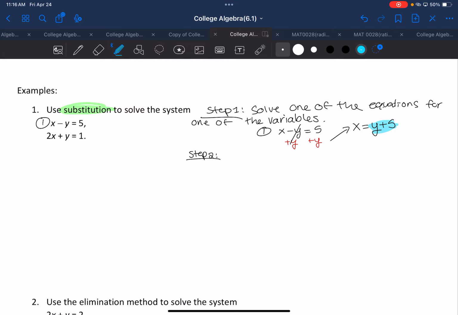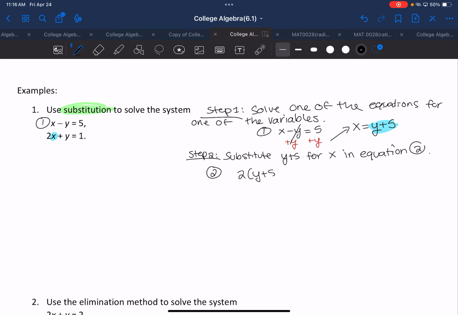So I'm going to plug that y plus 5 into this x in the second equation. I'm going to write this as: substitute y plus 5 for x in equation 2. So this would be 2 times y plus 5, plus y, equals 1. Notice that this gives me an equation only in terms of y now, so I can solve for y and figure out what y is equal to.